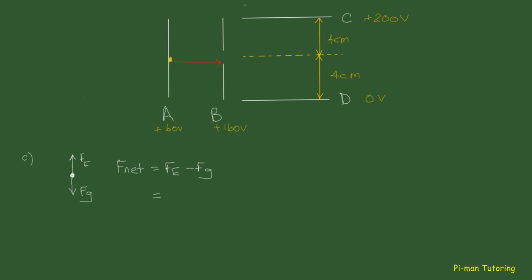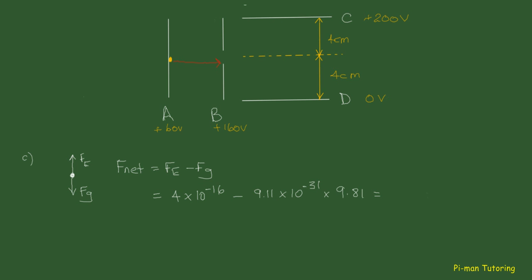which is obviously in the upward direction, will be the electric force minus the gravitational force. And we just calculated the electric force. We said it was 4 times 10 to the minus 16 newtons. And the gravitational force will just be the mass times the acceleration due to gravity. So that will be 9.11 times 10 to the minus 31 for the mass of the electron, multiplied by 9.81 meters per second squared for the acceleration due to gravity.